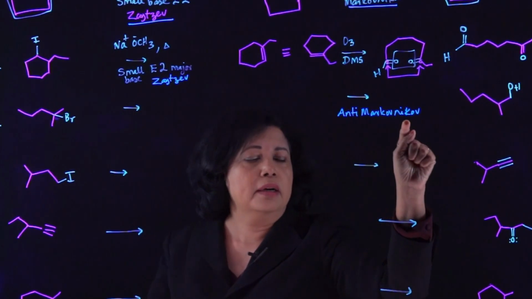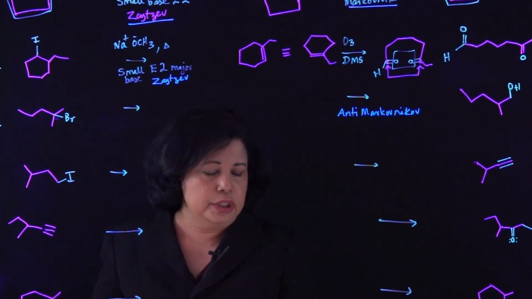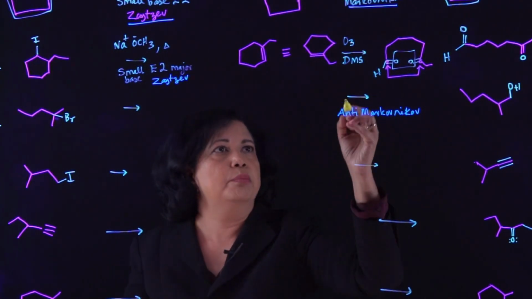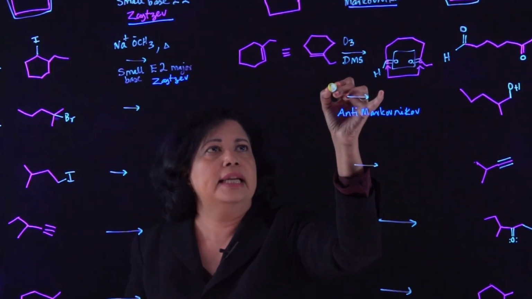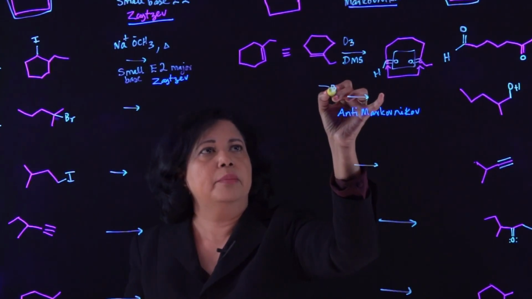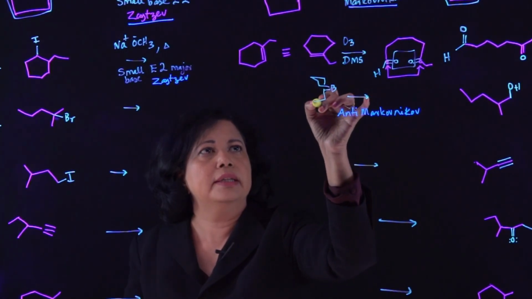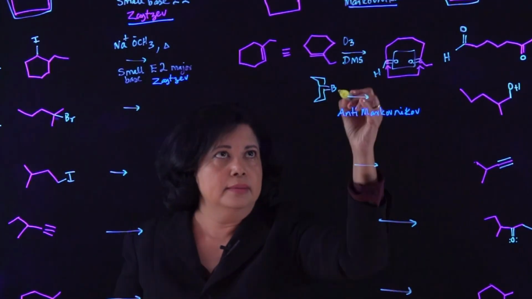So if it's anti-Markovnikov, well, we did talk about anti-Markovnikov reagents. The main anti-Markovnikov reagent that we talked about is boron. And we said we can enhance the selectivity by bringing that boron with even bigger groups. We did this a lot with alkynes.